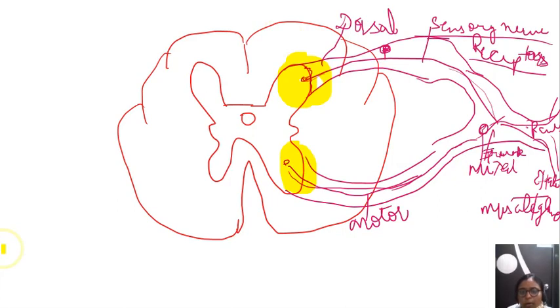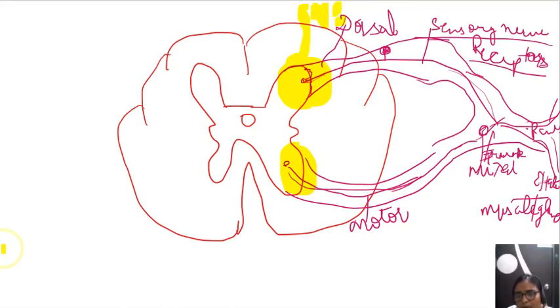Because the anterior part is your ventral part and it is concerned with the motor area, and the dorsal part is your sensory part, where the information is coming from the body and it goes to the brain, and from the CNS it comes down to the spinal cord, and through the motor nerve it comes to the body. So you respond like that. Fine. And from where are the senses coming?